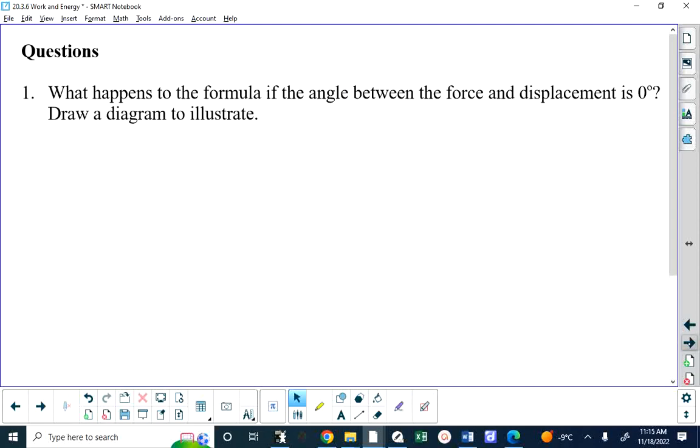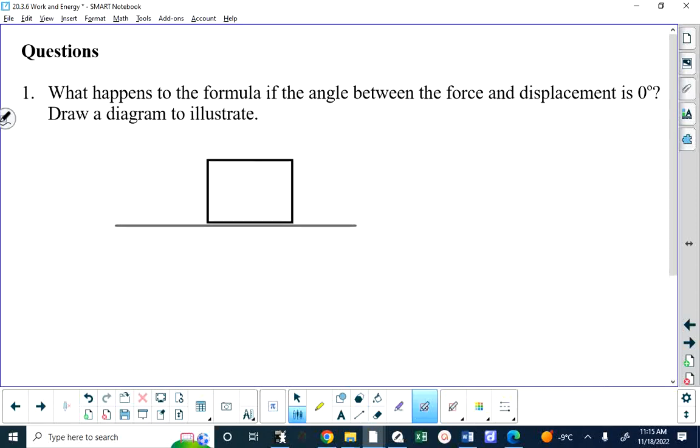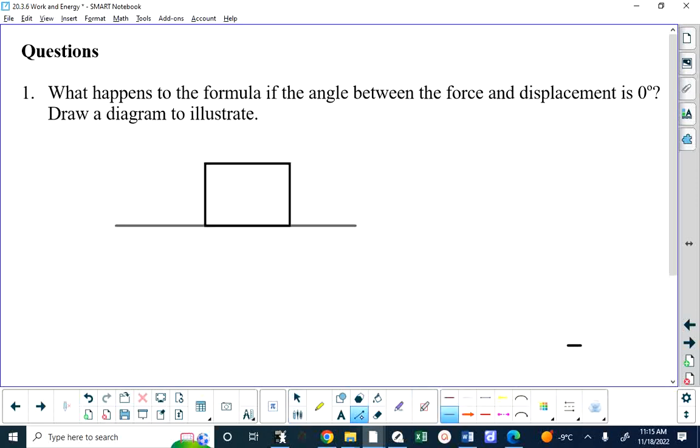So, question, what happens to the formula if the angle between the force and the displacement is 0? Let's see. So I have an object. Let's draw a diagram. Let's go with the traditional box that everything appears to be in physics in high school. And we're saying that you apply a force in this direction, and the object moves in that direction.